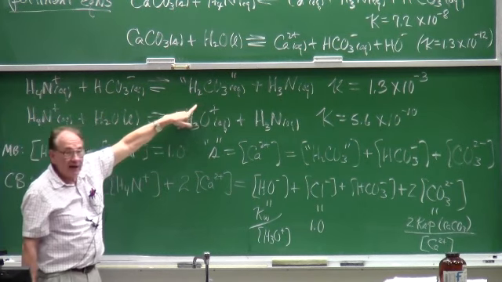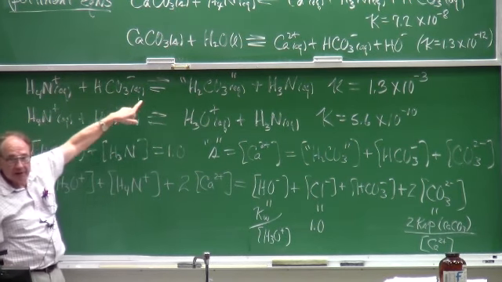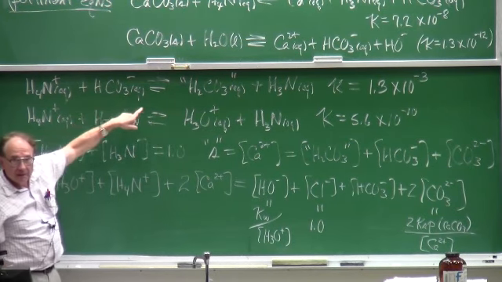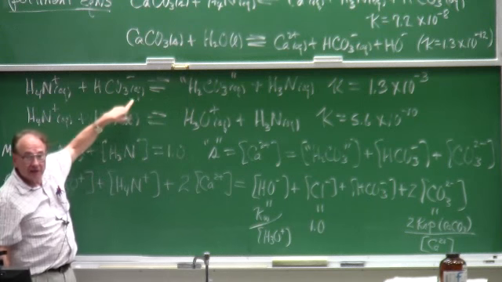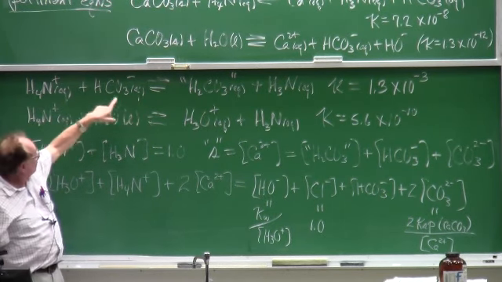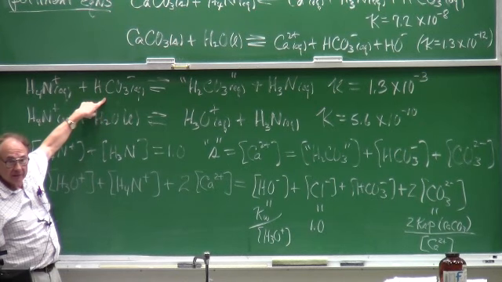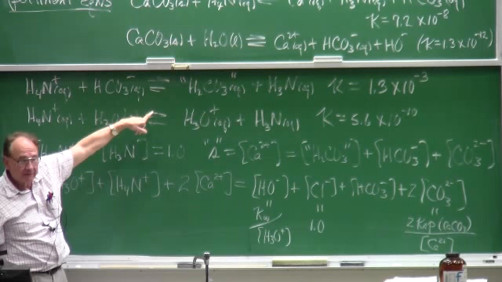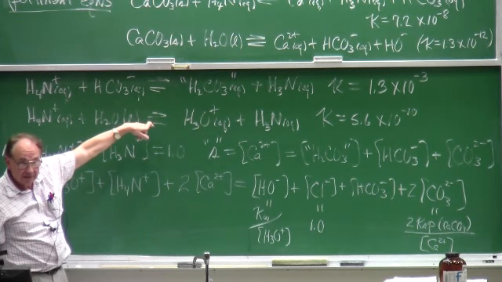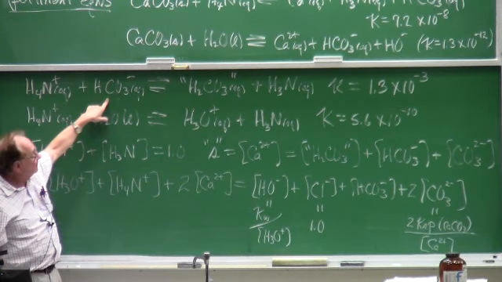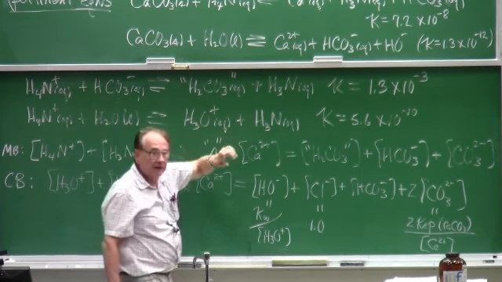The impact of this reaction on bicarb molarity is what? What is the impact of this reaction on bicarb molarity? Doesn't this reaction consume bicarb? Well, then the impact of this reaction is to make the bicarb molarity come down. Right? This reaction will make the bicarb molarity come down while it makes the ammonia molarity go up.